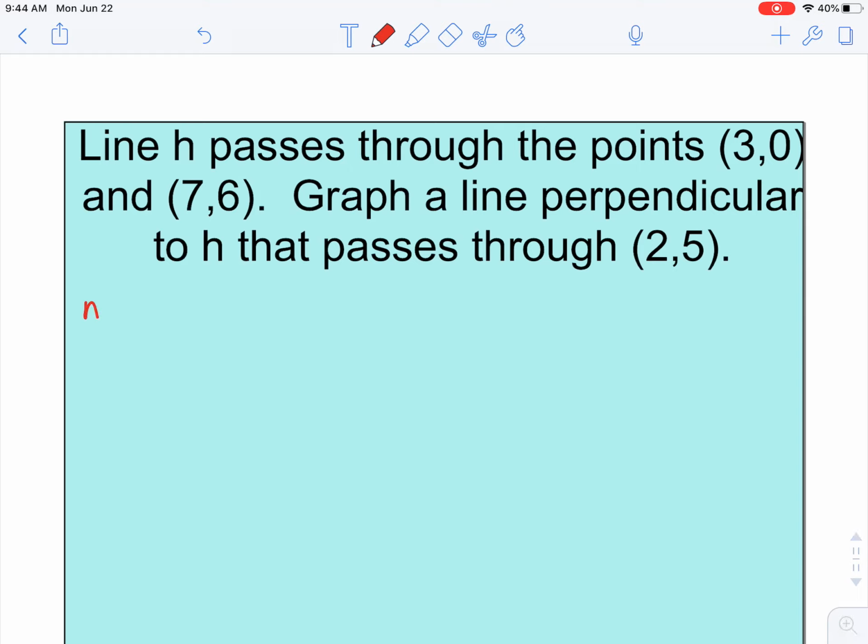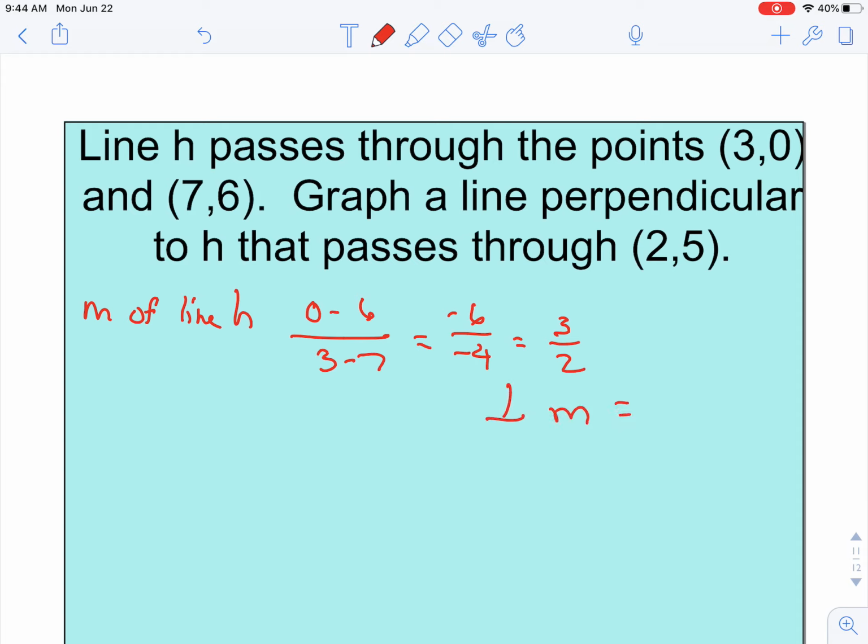So first we have to find the slope of line H. So I'm going to take 0 minus 6 over 3 minus 7, and that's going to give me -6 over -4, which is 3 over 2. So the perpendicular slope is going to equal the opposite reciprocal, -2/3. I want it to go through the point 2, 5.